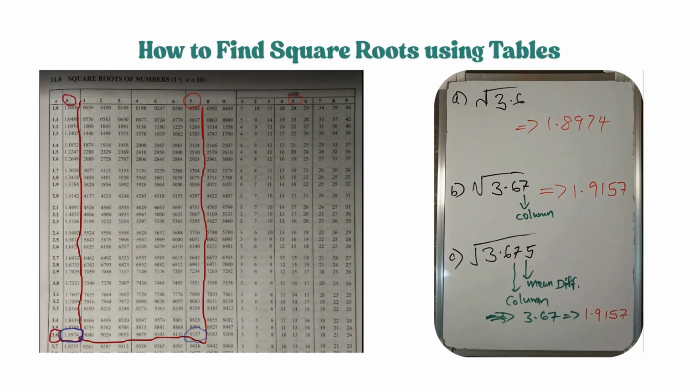Now let's find the mean difference. In the same row 3.6, look at the mean differences section on the right under column 5. For column 5 we have 13.